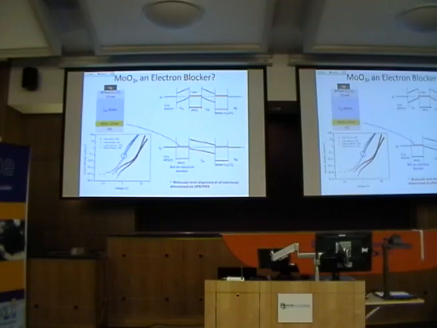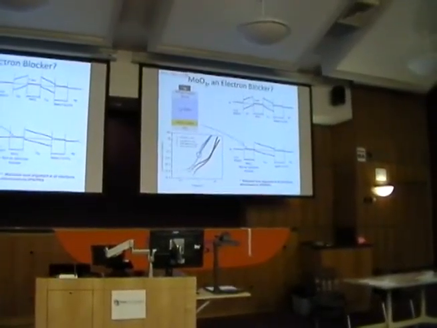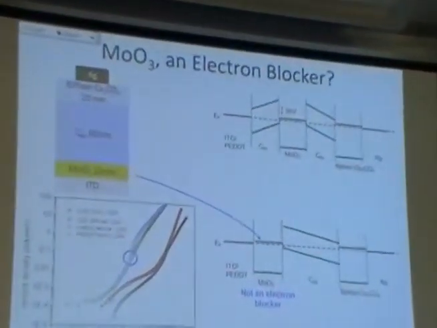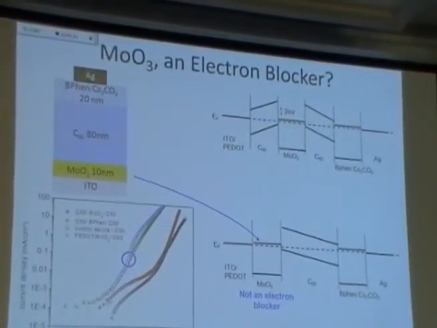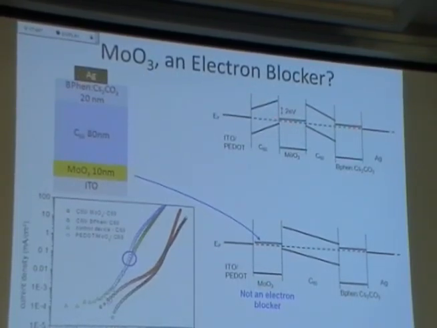You inject from the silver, it goes through the Ohmic contact, but since you've got this really high work function, exactly as we discussed, you have this pinning on either side of it. And so what you actually get is the electron comes through the C60 and then it sits in that moly oxide. How do you get it back into the next side of the C60?